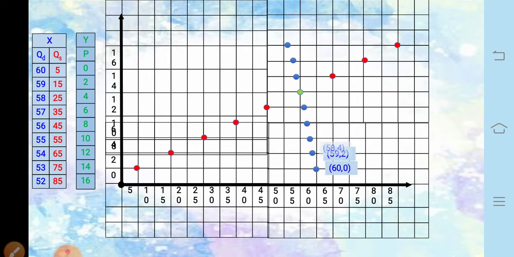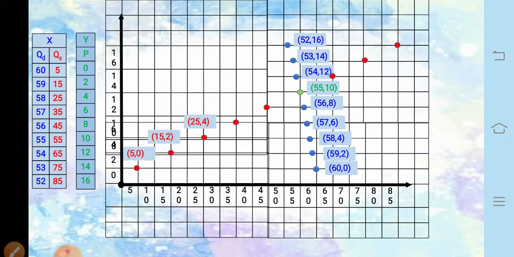Okay, it's getting late. So 55 and 10, which is the same as the Q sub S, we also have 55 and 10.